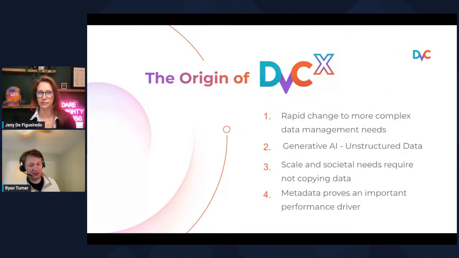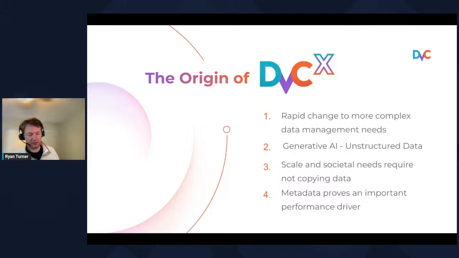Many people who've tuned in today are probably familiar with DVC. That's been around for several years now, and it's a pretty popular product. It's been very successful. It's about version controlling data sets using foundations of Git, and it works really well.